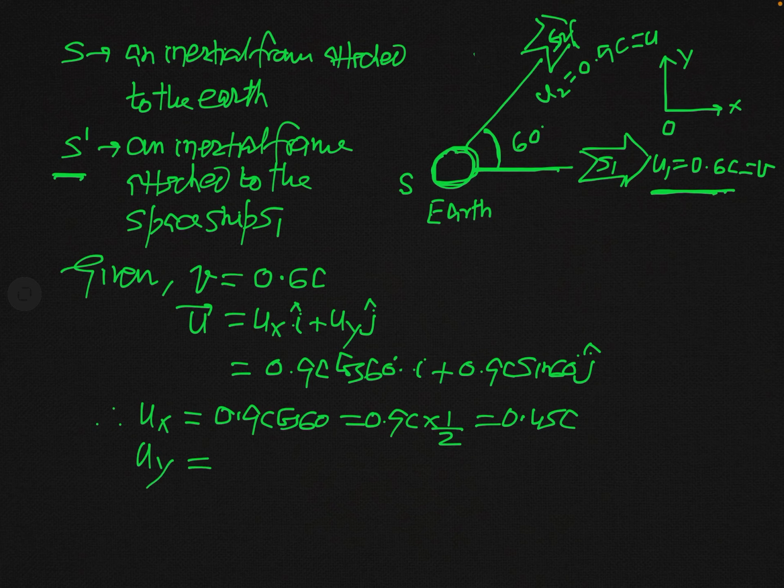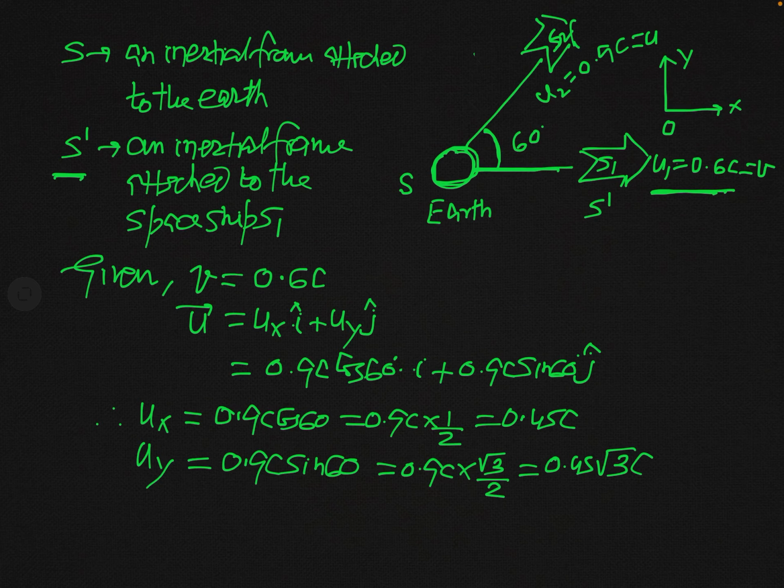You can see that Uy is 0.9 c into sin 60, and sin 60 is root 3 over 2, so this will be 0.45 root 3 c. So these are the x and y components of the velocity of our object, whose speed is to be determined with respect to the frame S1. When you say S1, it means S prime.